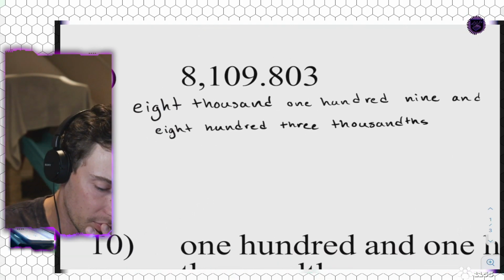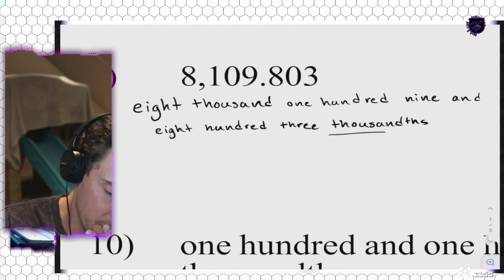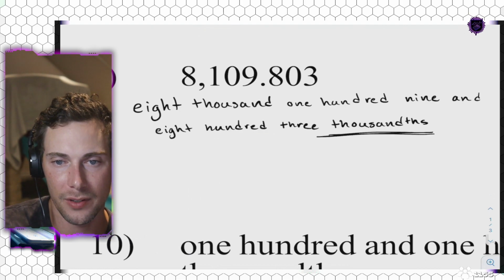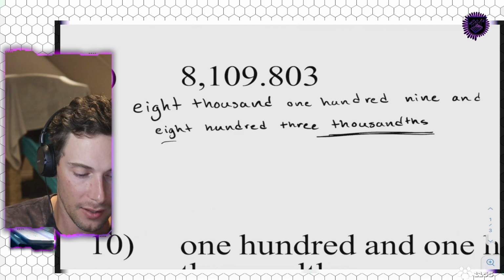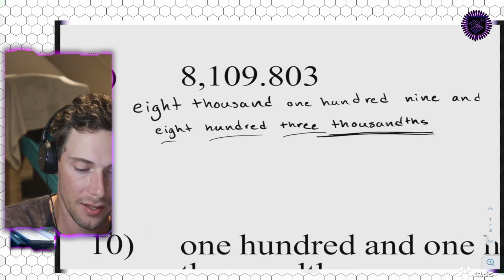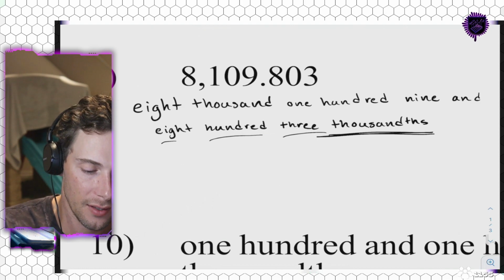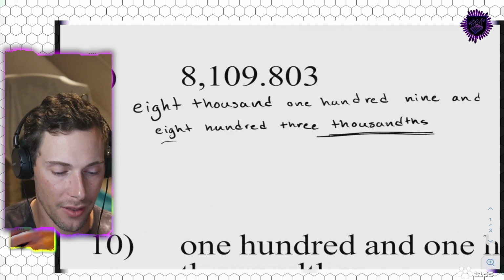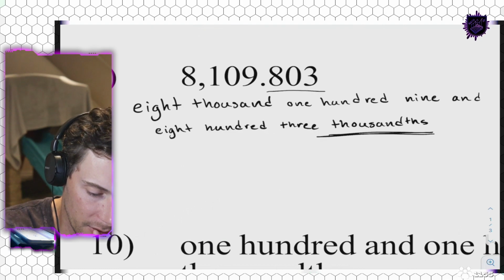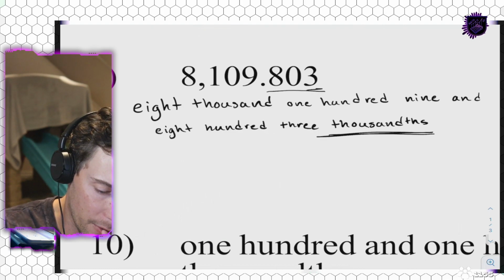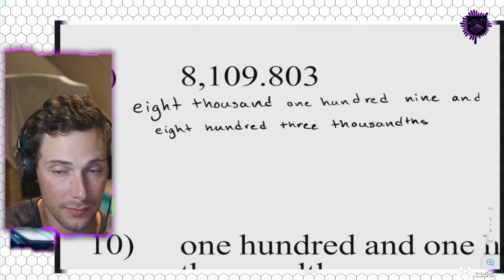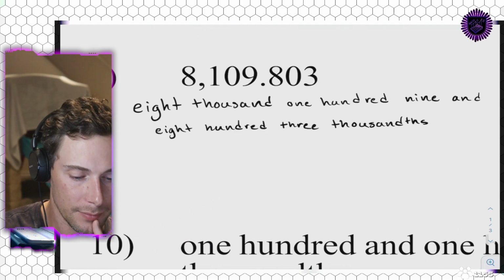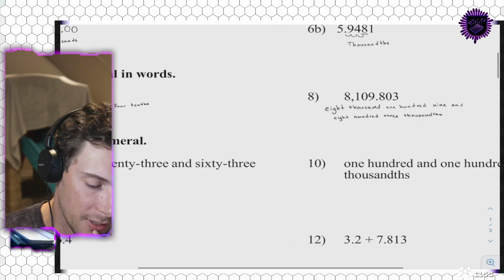So the thousandths doesn't come out until the very end. Like it's not 800ths 3,000. Like it's 803 because you have 803 thousandths. Yeah. Interesting. Something to pay attention to.